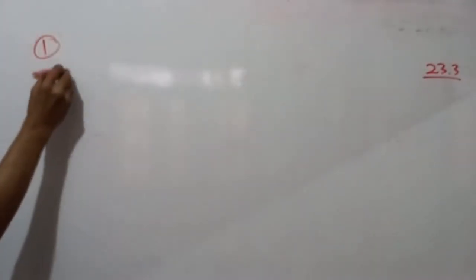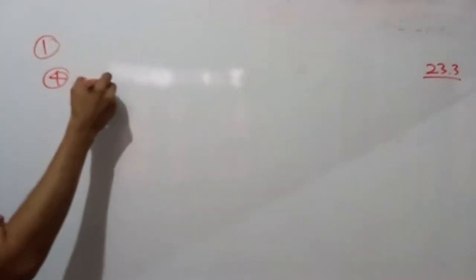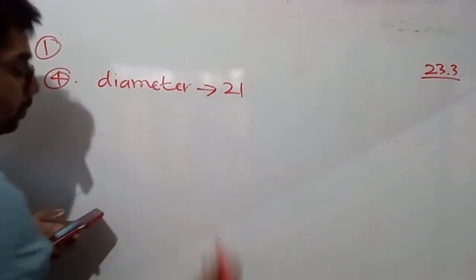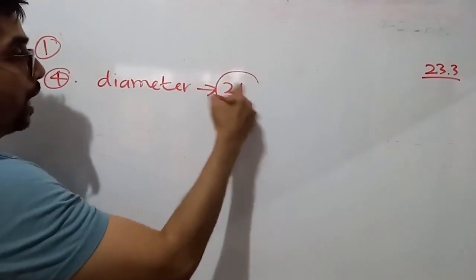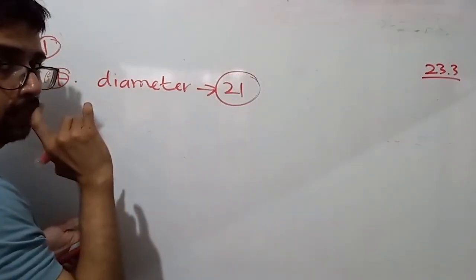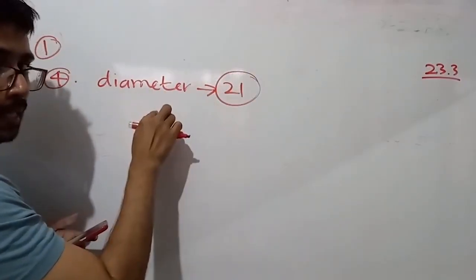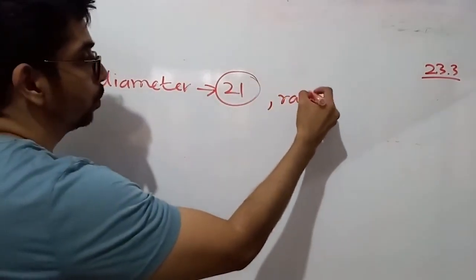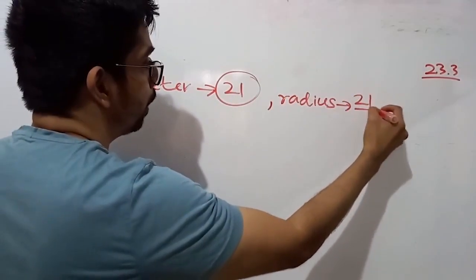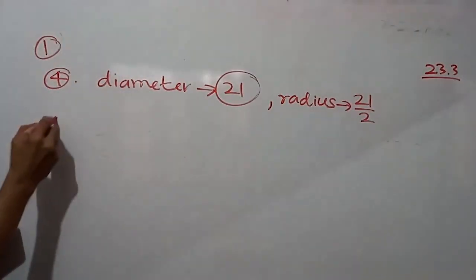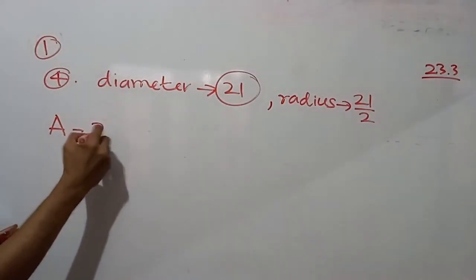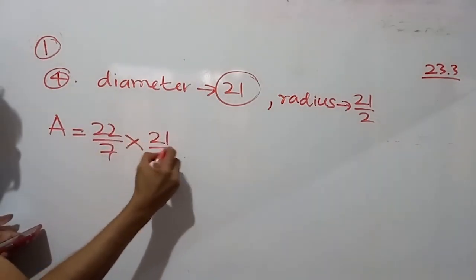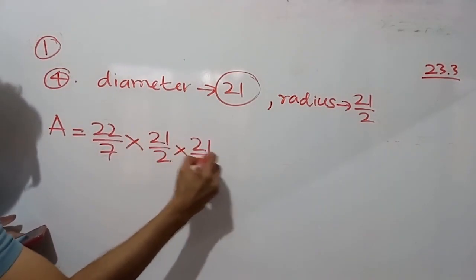So in that part also we have been given not the area but the diameter. So that is 21. The radius is half of this, so instead of dividing by 2 first, let's take the radius just as before, 21 divided by 2. Right? So the area will be pi times 21 by 2 multiplied by 21 by 2.